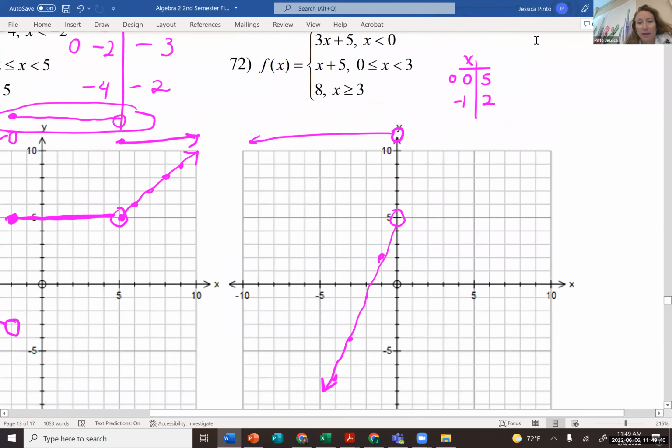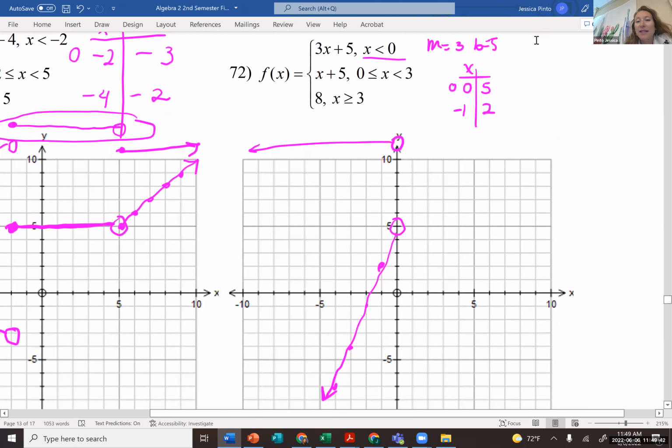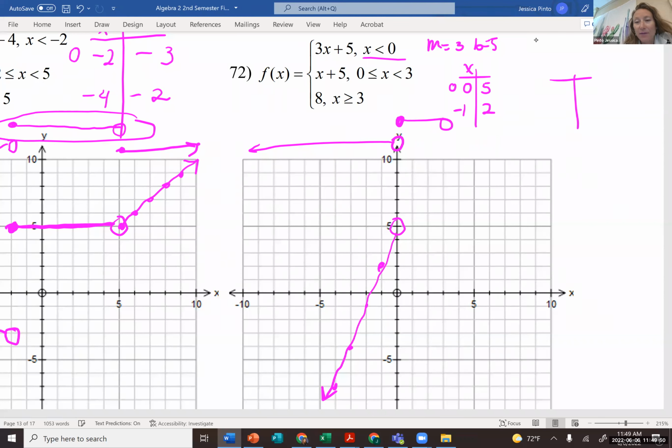Okay, cool. So then the next part is x plus 5. And I've got a closed circle at 0 and then an open circle at 3. And that's a segment. So I'm going to plug in 0 and 3 for x. I always plug in the exact values that they tell me to plug in to x plus 5. So 0 plus 5 is 5, and then 3 plus 5 is 8.